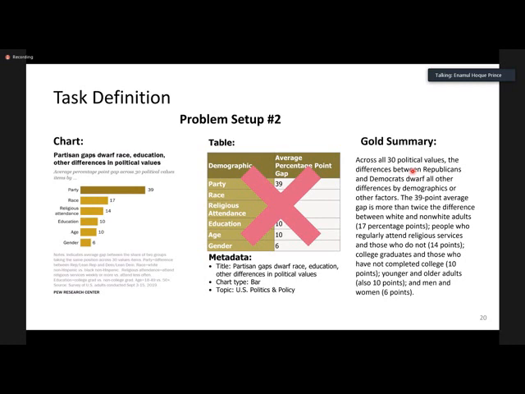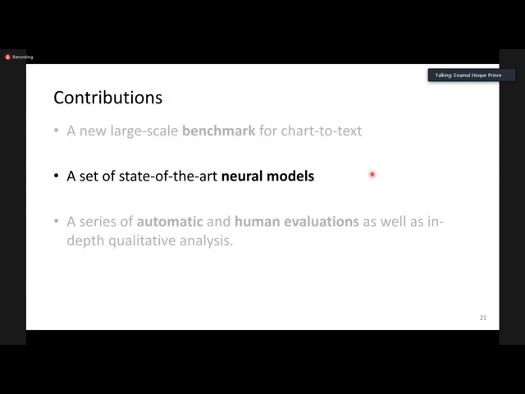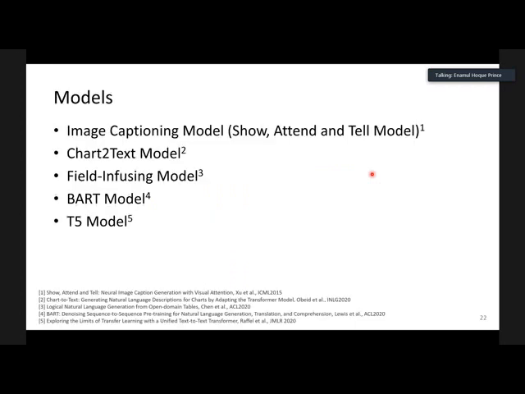Now let's talk about how we developed the model. We tried out several models. We started with image captioning models that are the state-of-the-art models for regular image captioning. Then we also tried out the chart-to-text model, which is a transformer-based, neural network-based model that we developed before. And we tried out two other models which are based on BART and T5.